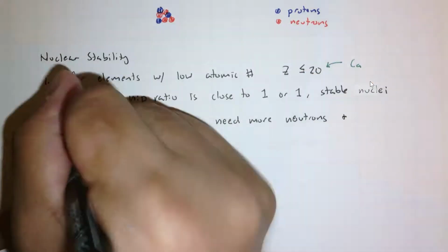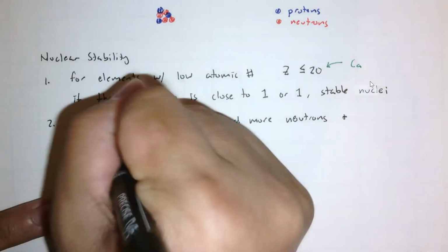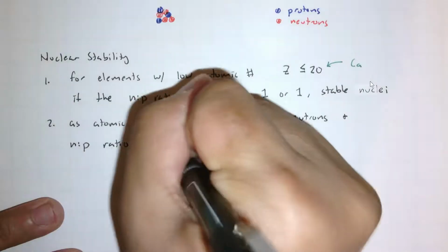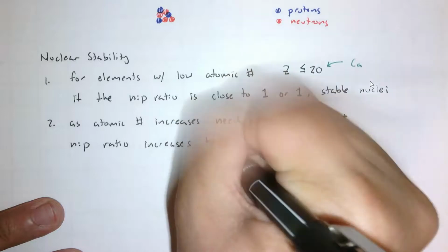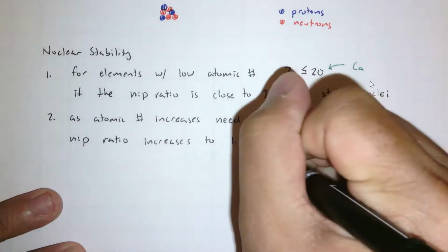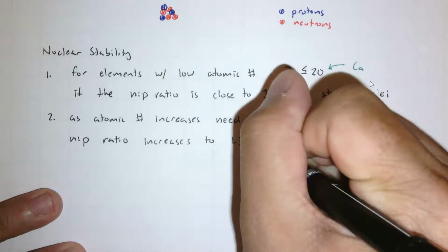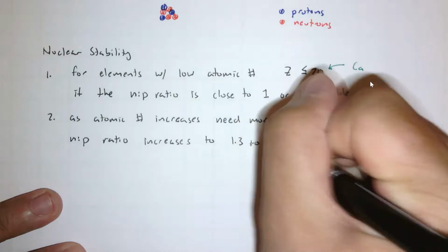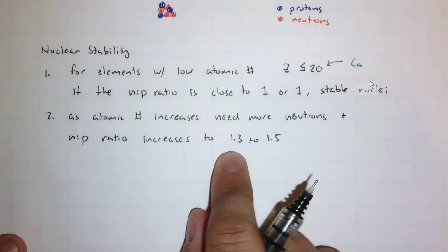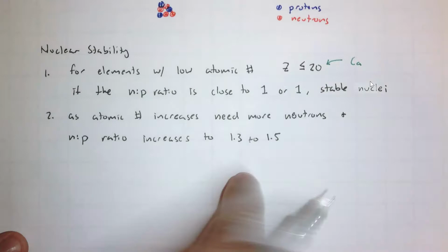And the N to P ratio increases. To what? To maybe 1.3, to maybe 1.5. Okay, we'll see a chart where we see this increase in the neutron to proton ratio.